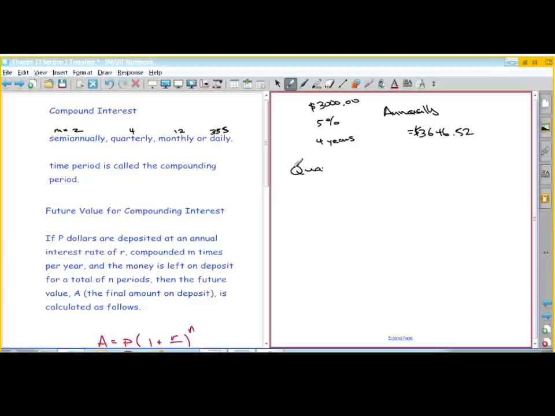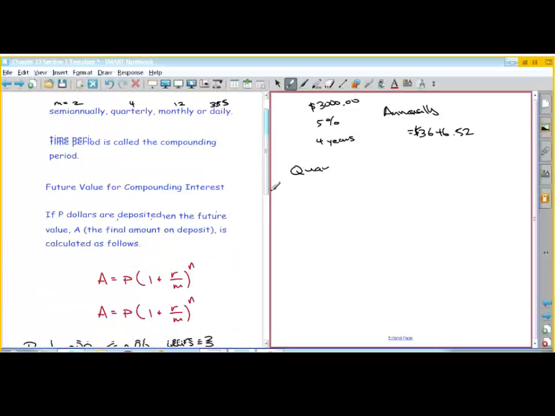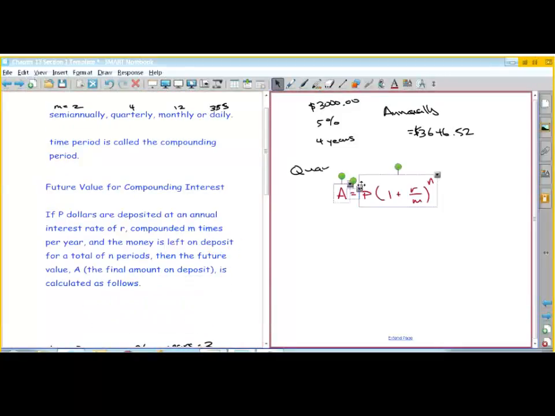So let's do quarterly. The equation is slightly different when you have periods of less than a year, so let me just copy this over. Let me define what everything is.